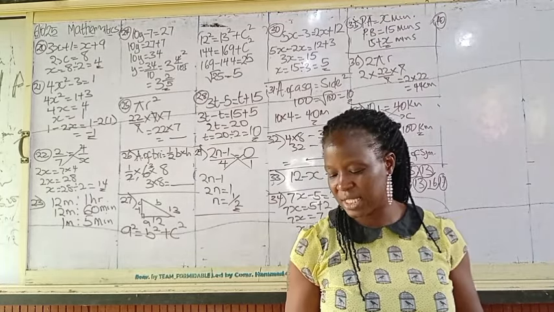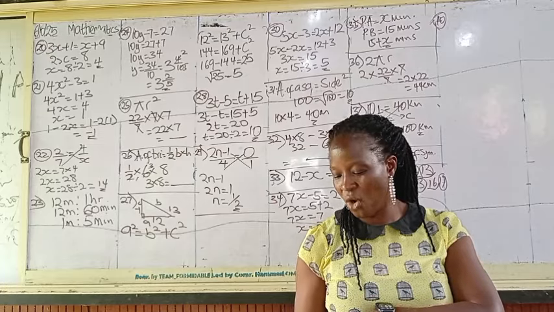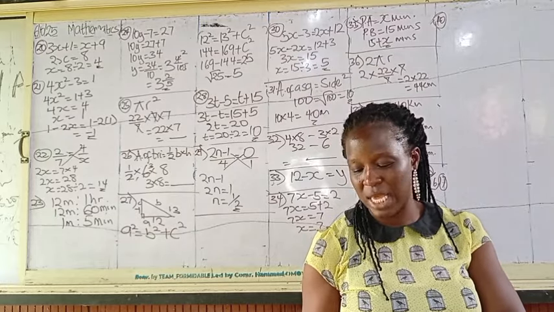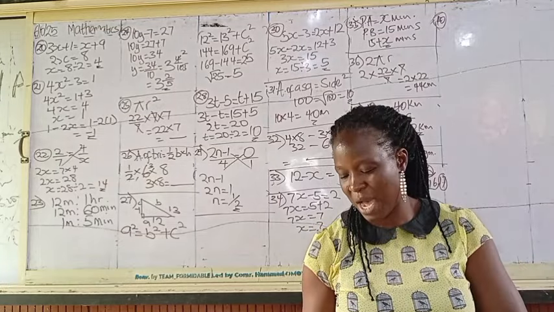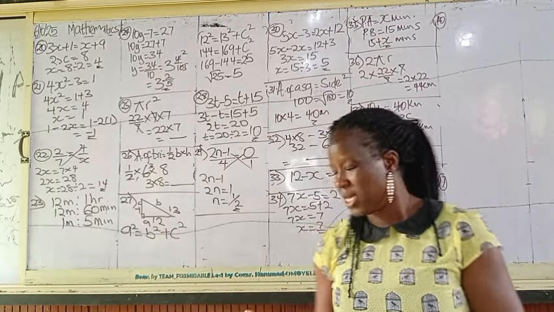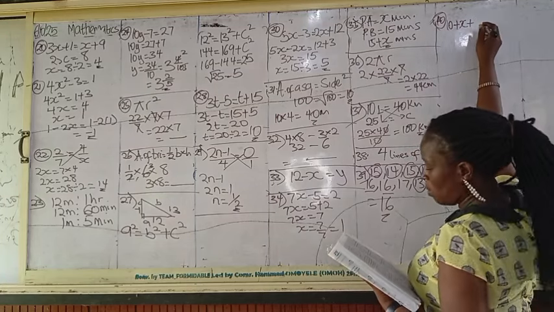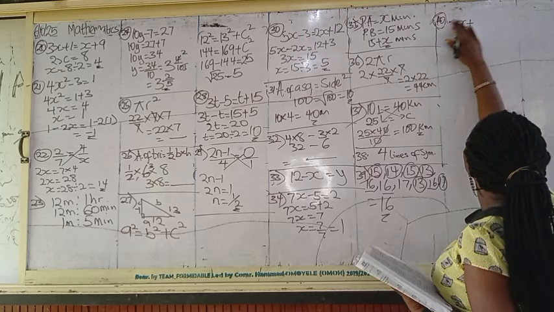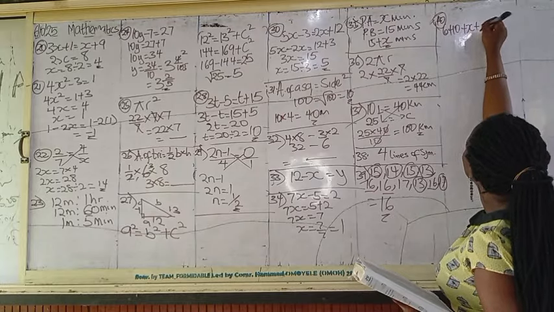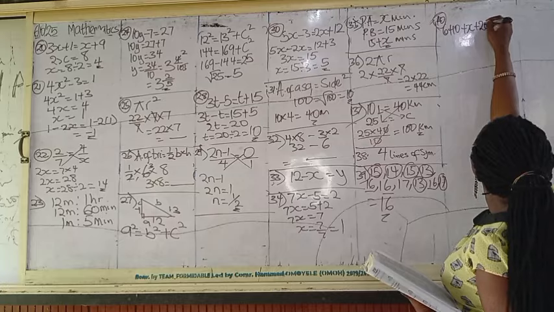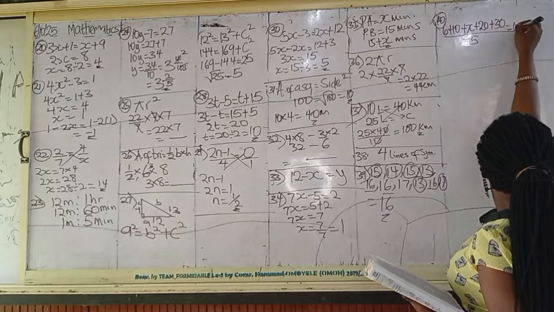The average of 6, 10, S, 20, and 30 is 18. What is the value of S? So we are going to add 6 plus 10 plus S plus 20 plus 30, and divide it by the number of items, which is 5, and the answer there is 18. So we have 6, 10, S, 20, 30 over 5 is equal to 18.